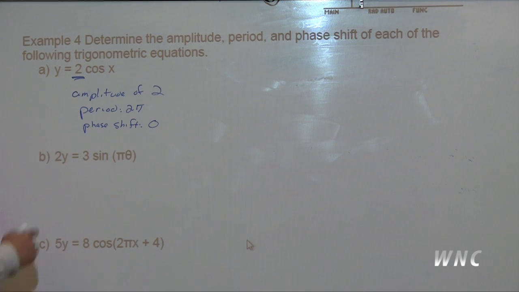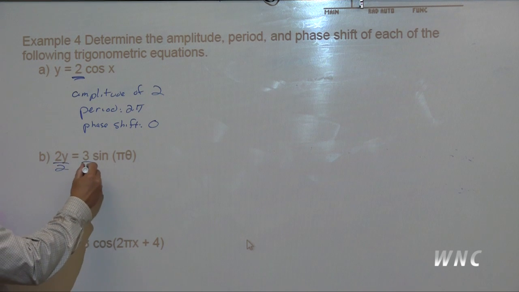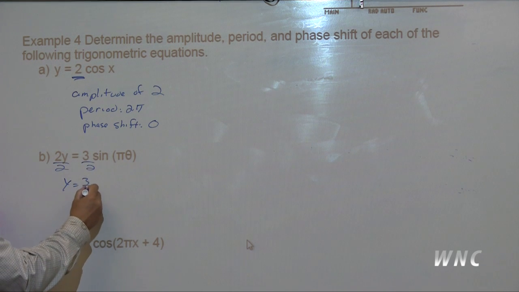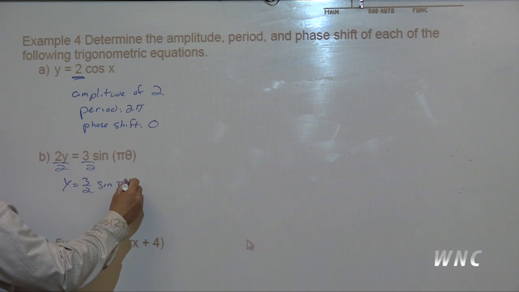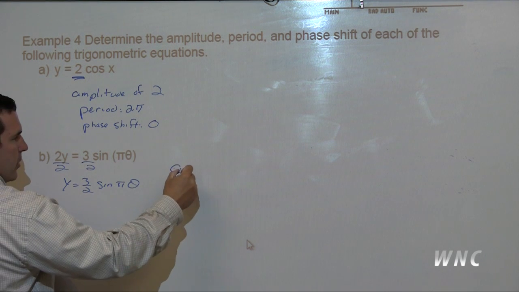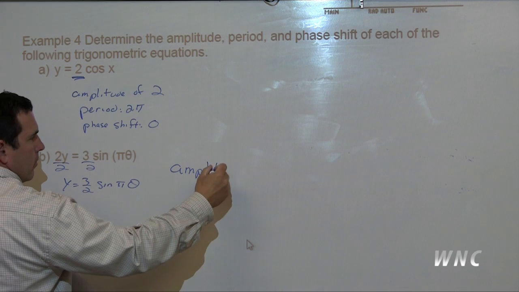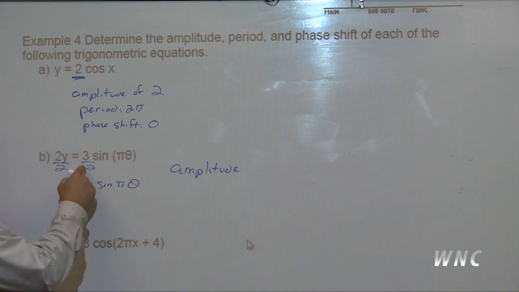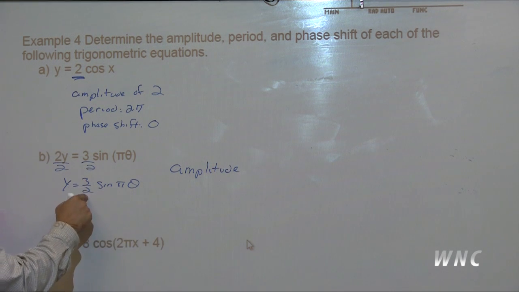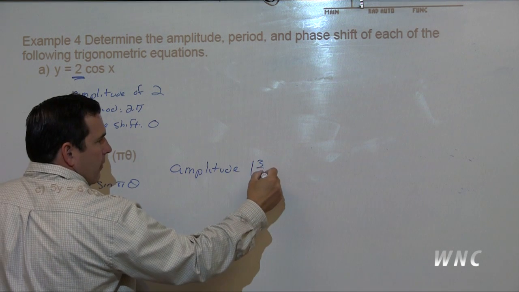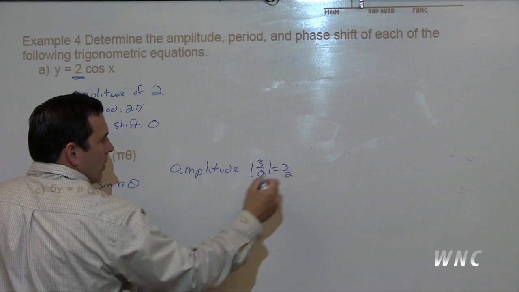For b, we're going to solve for y, divide by 2. Y equals 3/2 sine pi theta. So our amplitude here is the coefficient here for sine. This coefficient, that's absolute value of 3/2 is just 3/2.